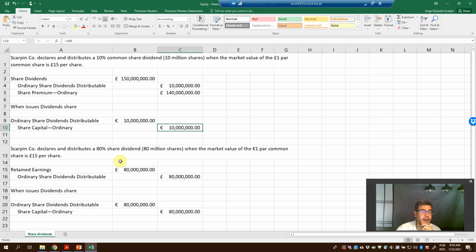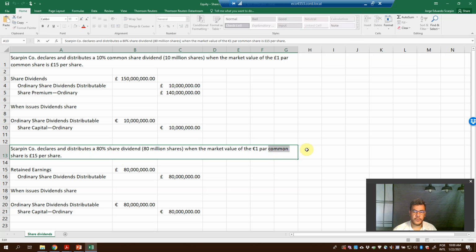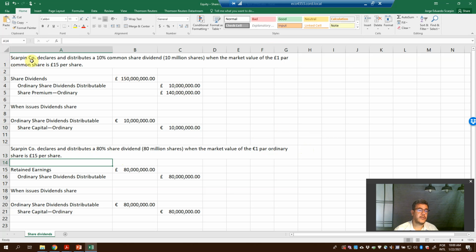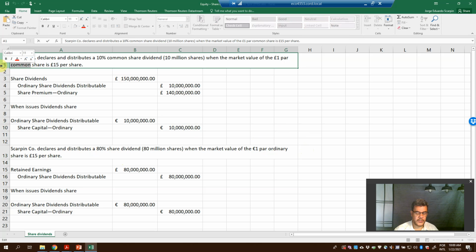And when we are working with a large dividend, for instance, an 80% share dividend, so 80 million shares, market value of €1 per ordinary share is $15.